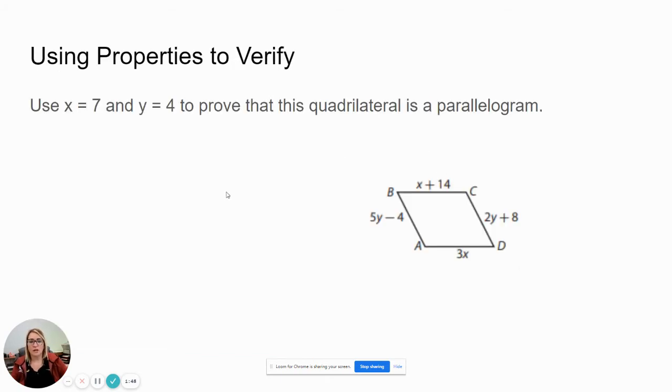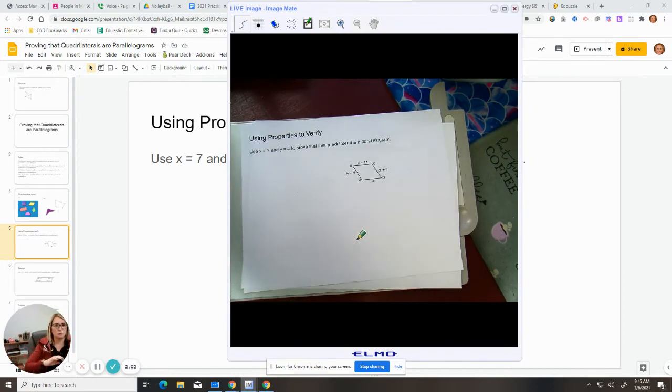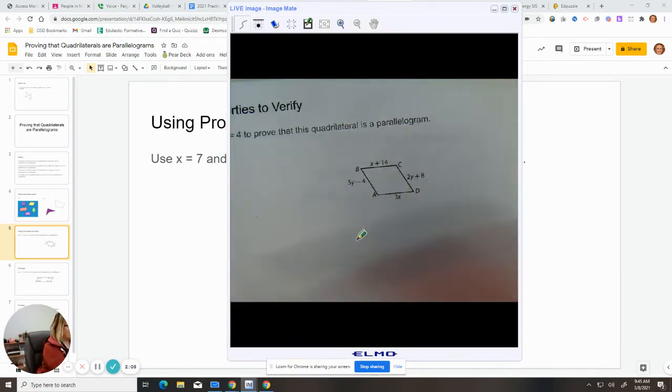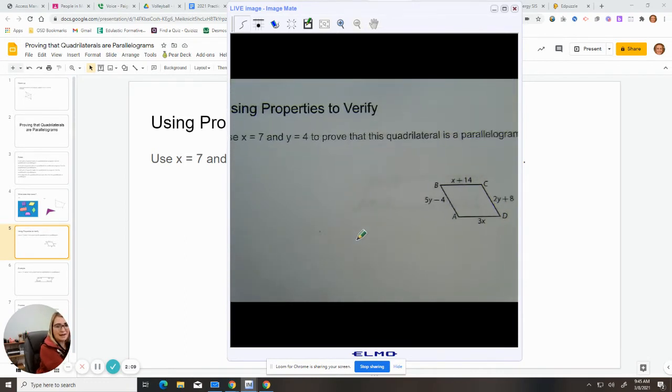So to find that, we're going to use two different properties: we're going to do it based on side length, and then based on angle measure as well. To do that, pull up this other screen and zoom in a little bit. It's going to give us some numbers to plug in to prove that this is true.